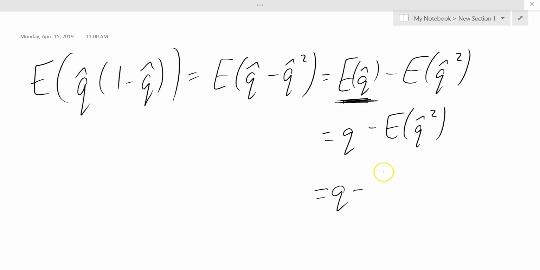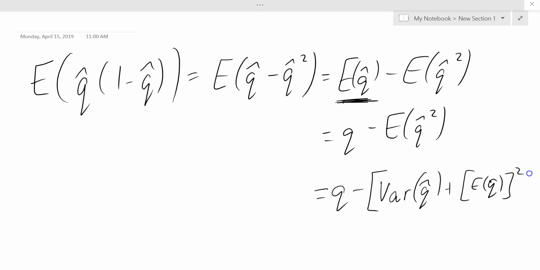So I can replace this with the variance of Q hat plus the expected value of Q hat, squared. We agree?